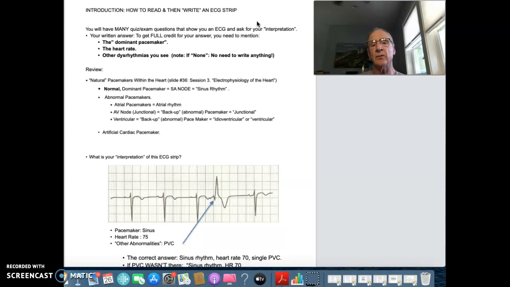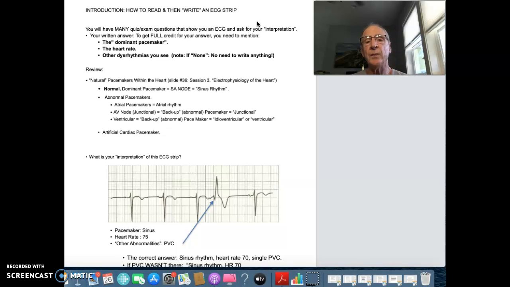And then the smaller group is the artificial pacemakers that we insert surgically to take over the duties of the natural pacemakers. So looking at the natural pacemakers, the normal dominant pacemaker in a normal heart is the SA node. And when the SA node is dominant, in fact, you have a sinus rhythm.